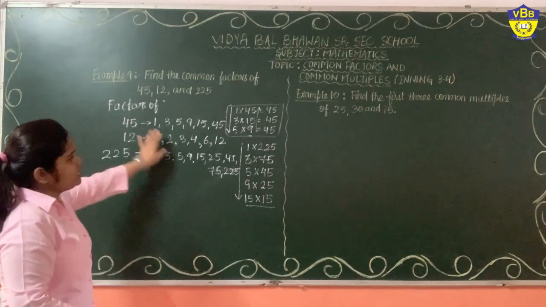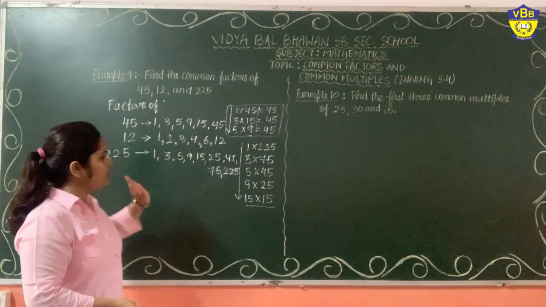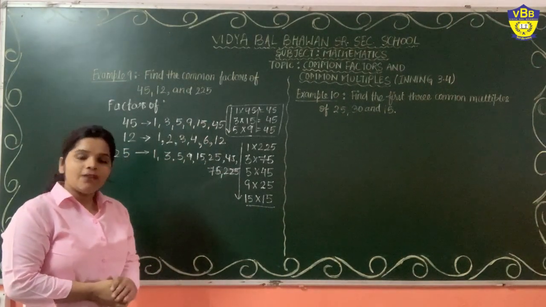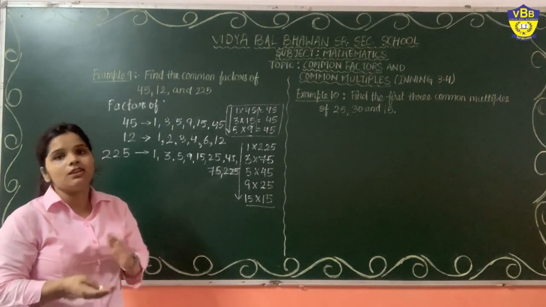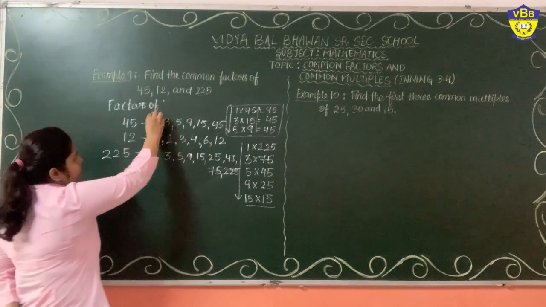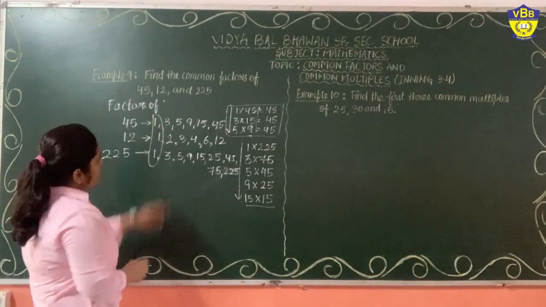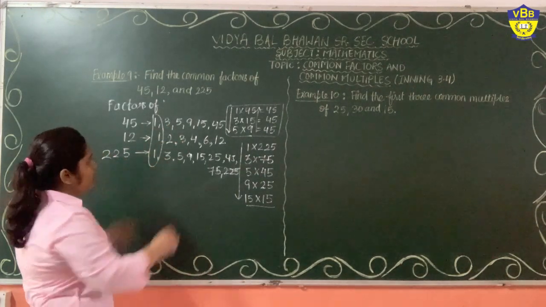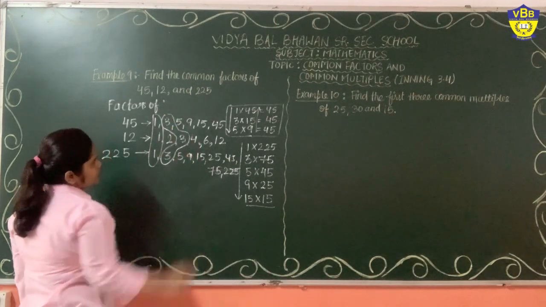So we have listed all the factors of the given numbers 45, 12 and 225. After listing all the factors, now check which ones are common. One is common in all three numbers. After that, 3 is here in 12 and 3 here in 225, so 3 is common in all three numbers.